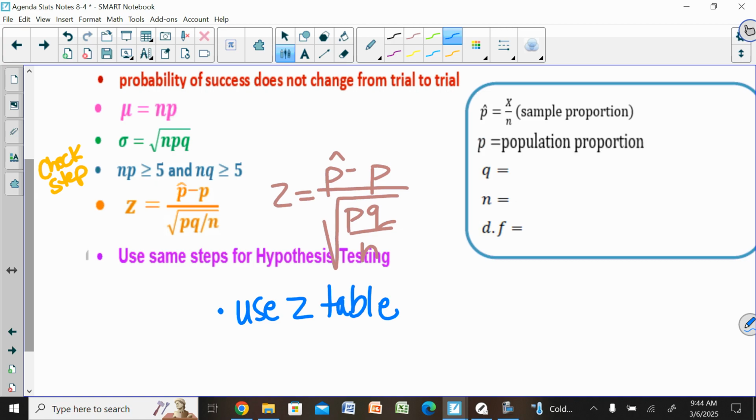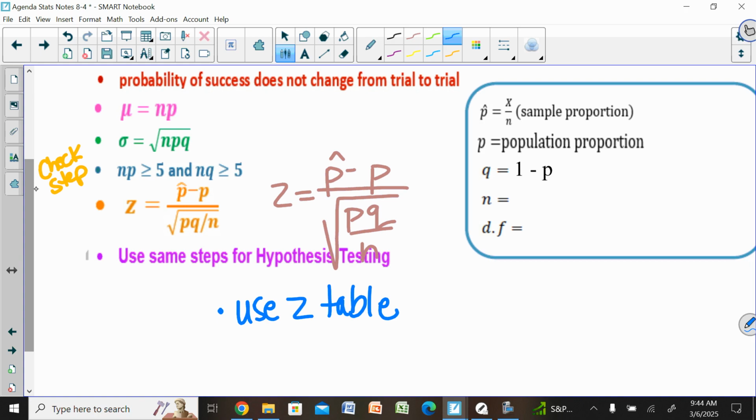P itself is our population proportion. Just like in our last 2 sections, I'm going to say, based on a study, the population proportion of people who believe in aliens is 47%. That's what we're going to use in our hypotheses.